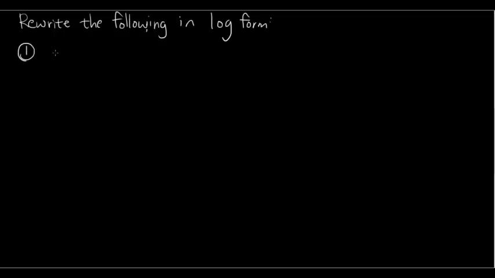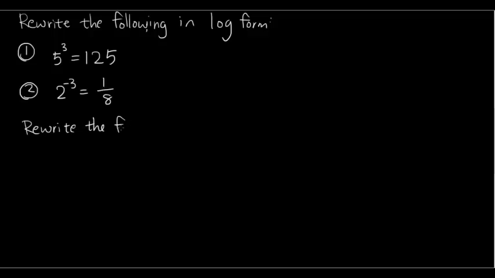So let's do 5 to the power of 3 equals 125. 2 to the power of negative 3 equals 1 over 8. And rewrite the following in index form.